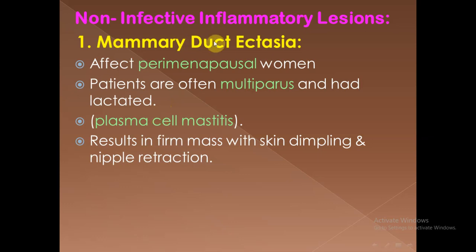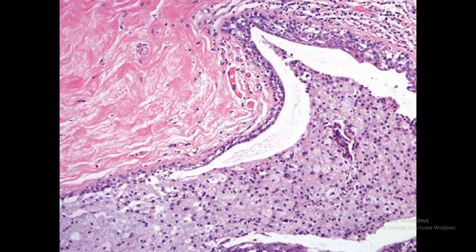It is also called plasma cell mastitis because of predominance of plasma cells in the inflammatory reaction, and its importance is that it leads to nipple retraction and can be mistaken clinically as carcinoma. Also, it can lead to a firm mass and skin dimpling, and can be mistaken clinically as carcinoma.